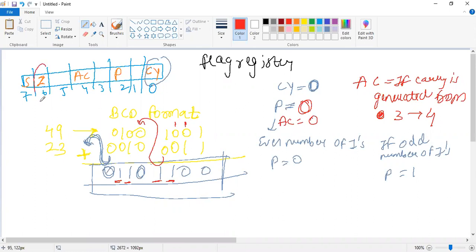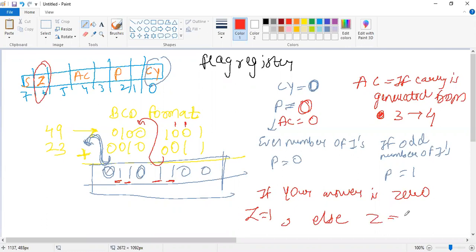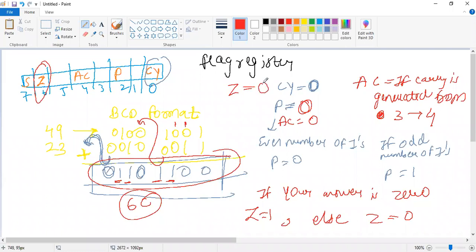Now see, zero flag means what? If your answer is 0, then Z equals 1, else Z equals 0. Our answer is not 0, our answer is 63. So our zero flag will be 0 only.